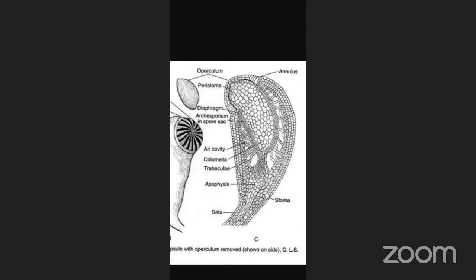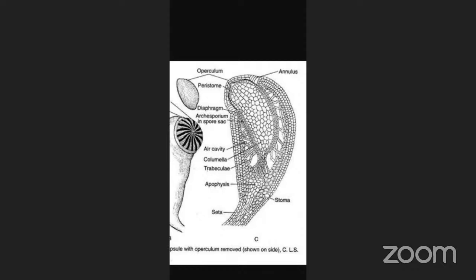The foot is conical and small and absorbs nutrition and water from the gametophyte. The seta is long and twisted and raises the capsule above the gametophyte. It has a middle conducting strand surrounded by the cortex and epidermis.